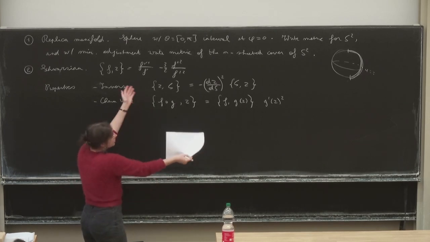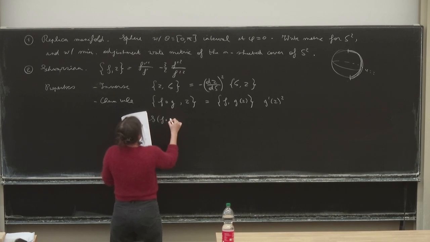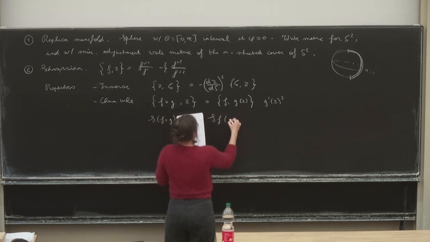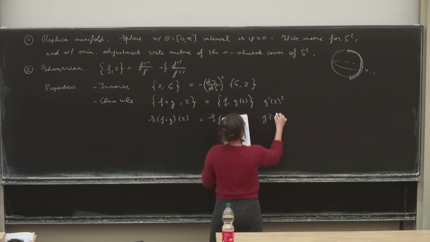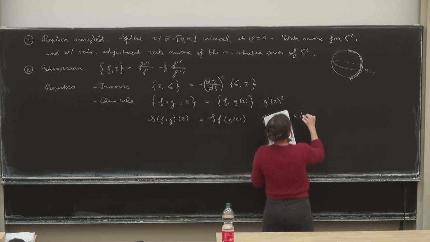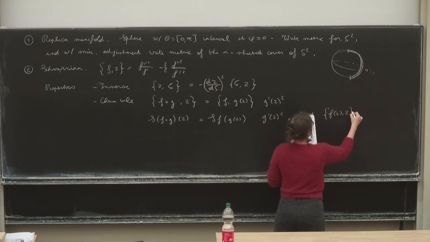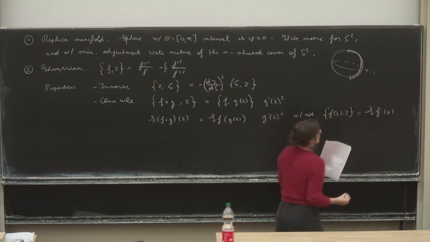So it's a chain rule for the Schwarzian derivative. Maybe this notation is a bit more useful for that. So where I'm using the notation for the Schwarzian f of z to z is Schwarzian f of z.